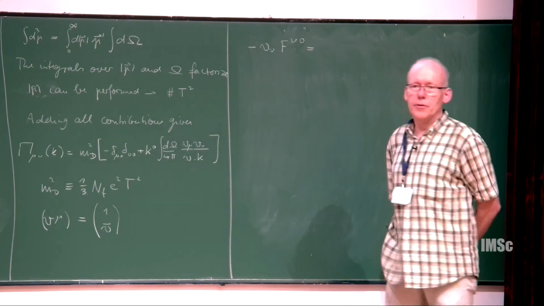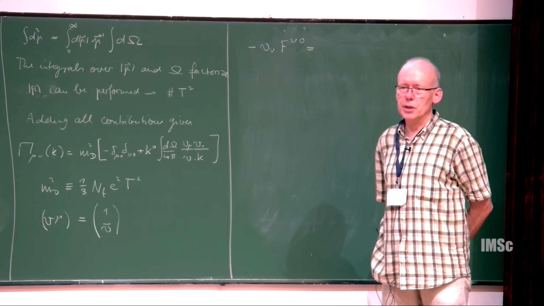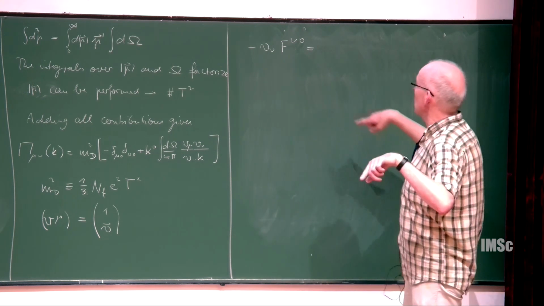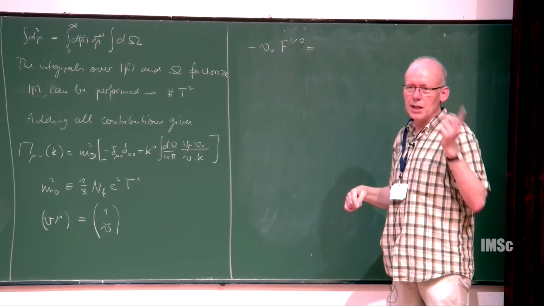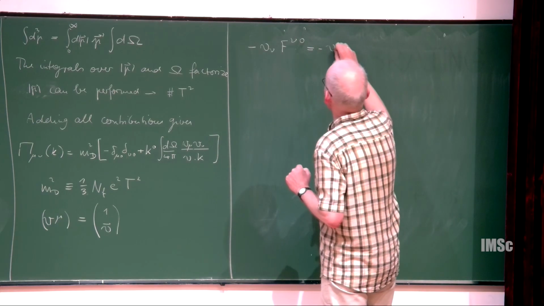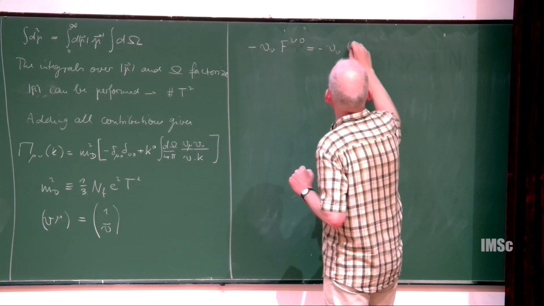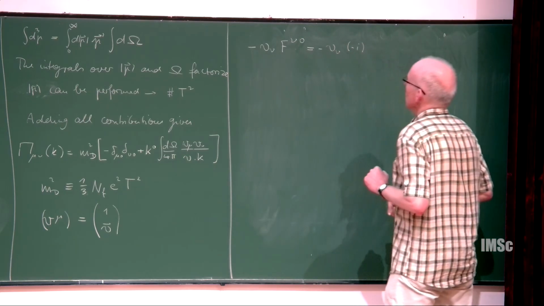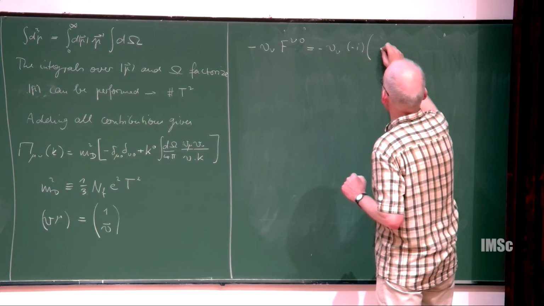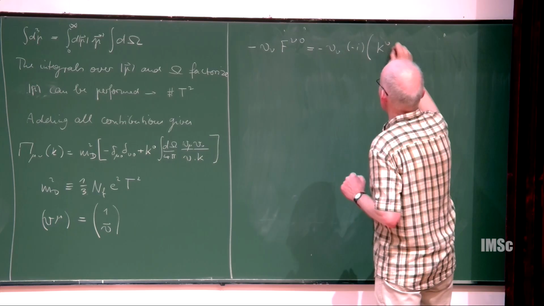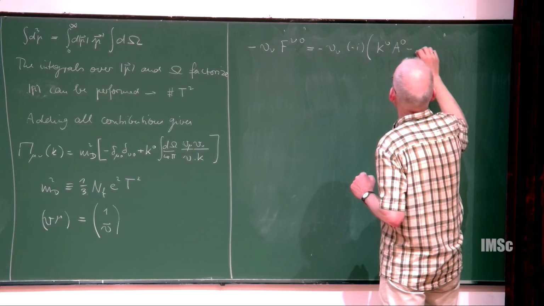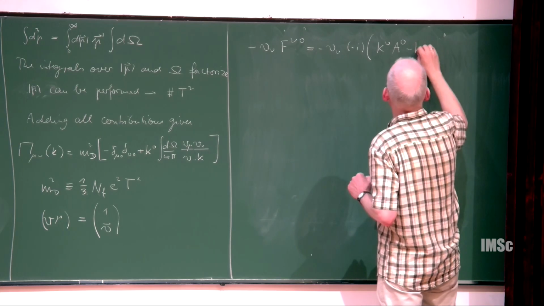We write the field strength in terms of the vector potential, and remember we have Fourier transformed, so the derivatives now correspond to minus ik. Okay, so this is minus v_ν, then I have a minus i here, and I have k^ν A^0 minus k^0 A^ν.